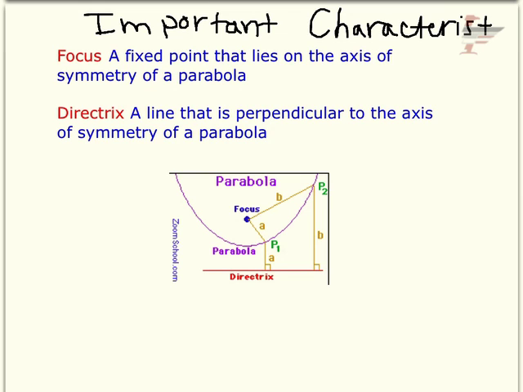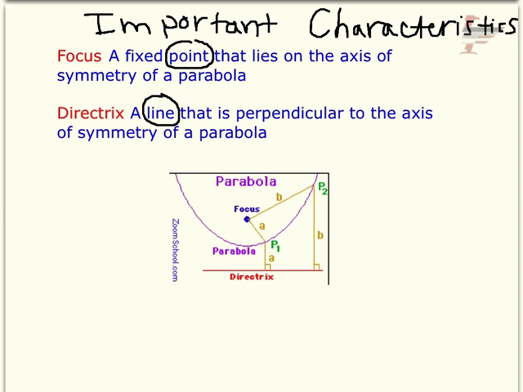Important characteristics are pieces of the parabola, and you're going to have two of them: a focus, which is a point, and a directrix, which is a line. I'm highlighting that because oftentimes people write the directrix as just a number, and it's a line, so you should have an equation.